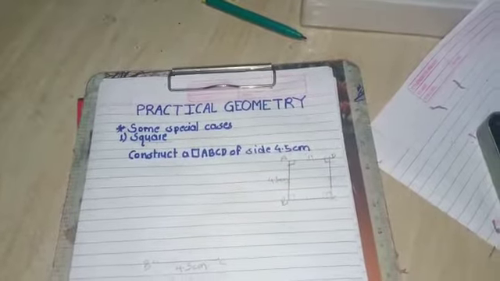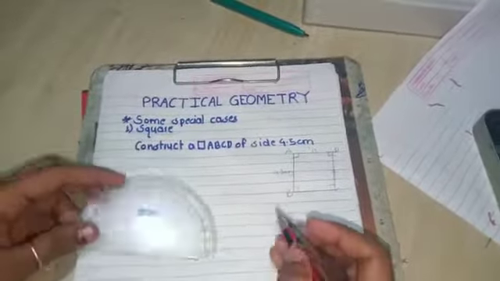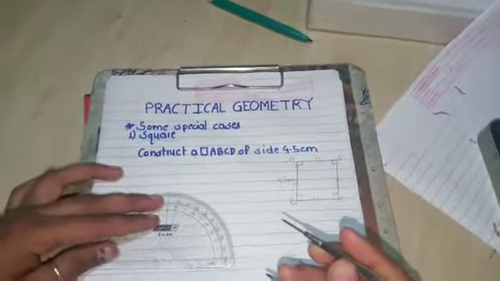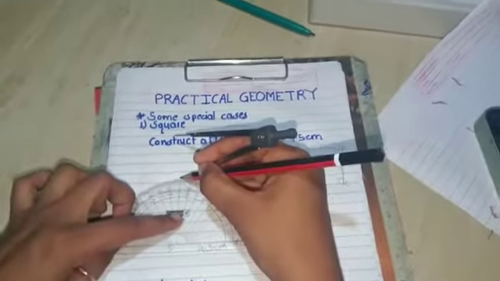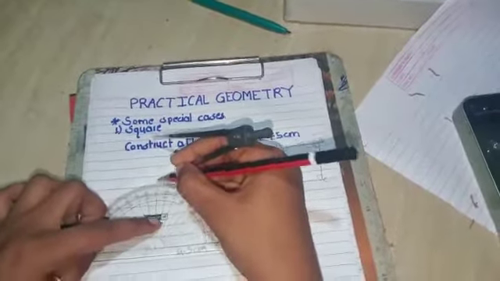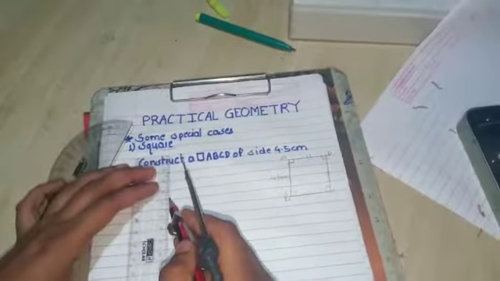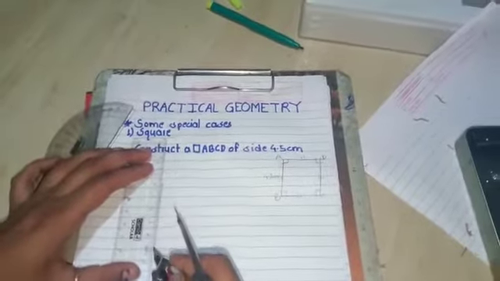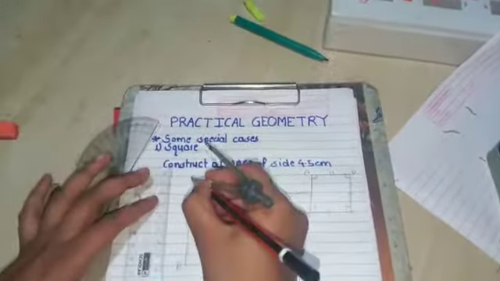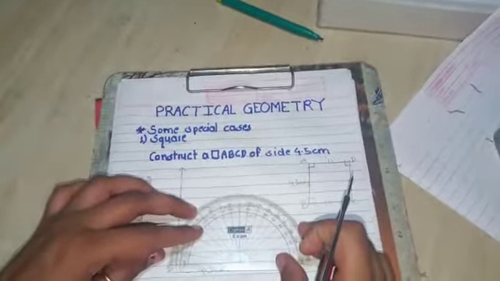So we will draw two perpendiculars at point B and point C with the help of a protractor. A 90 degree perpendicular should be there. With the help of a set square also you can do this.